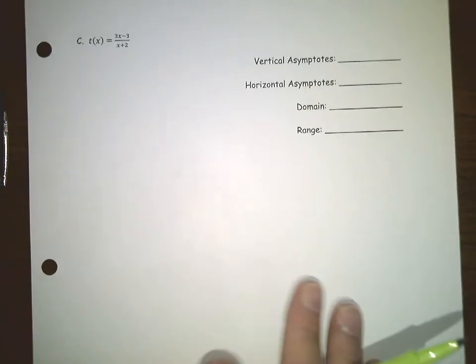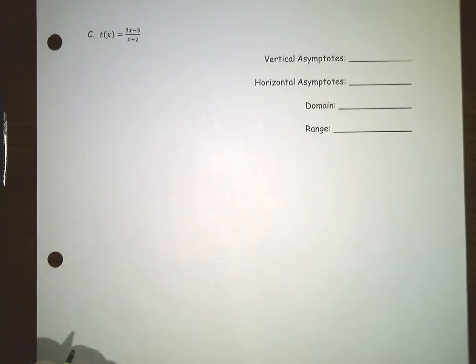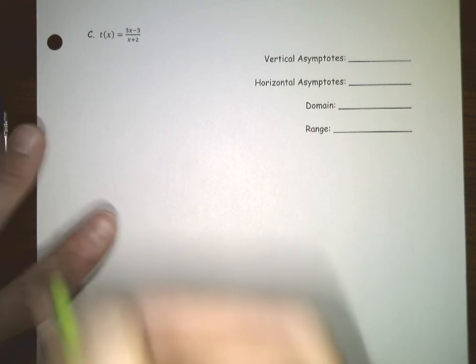So now t of x is equal to (3x minus 3) over (x plus 2). In all honesty, this is a more difficult one to do, because it's not obvious that it's a transformation of 1 over x. So keep that in mind.